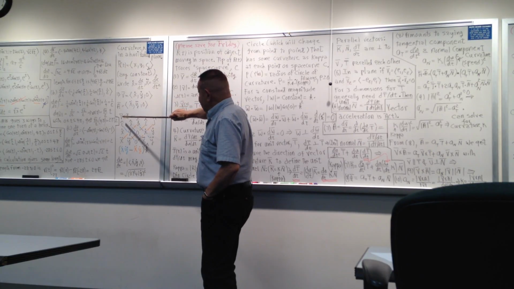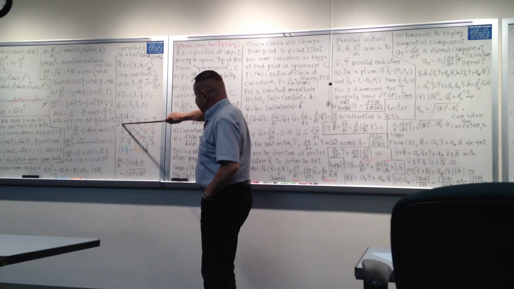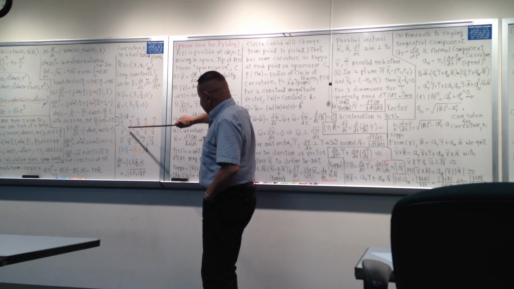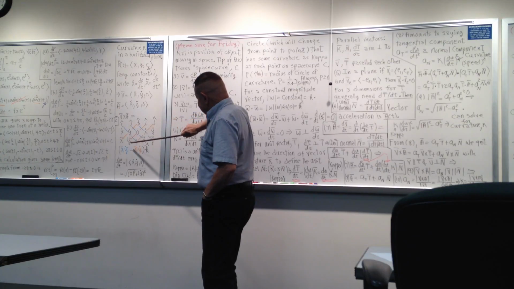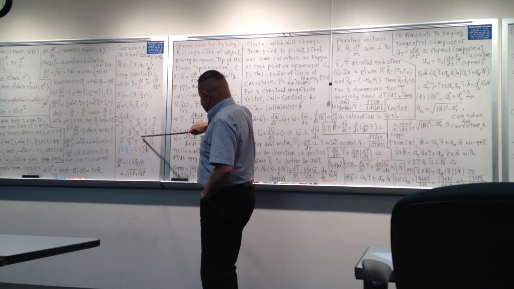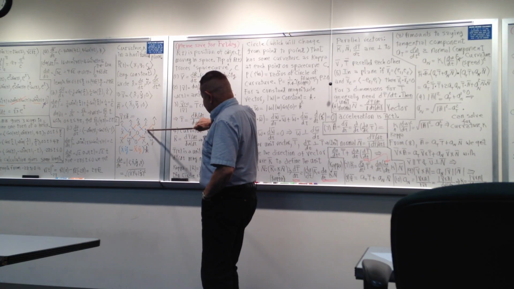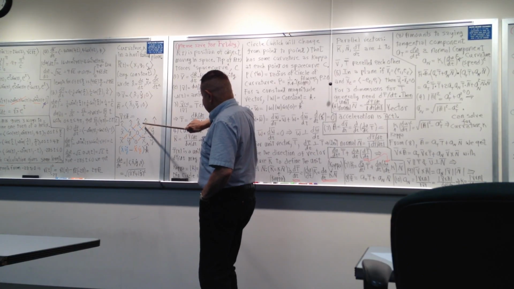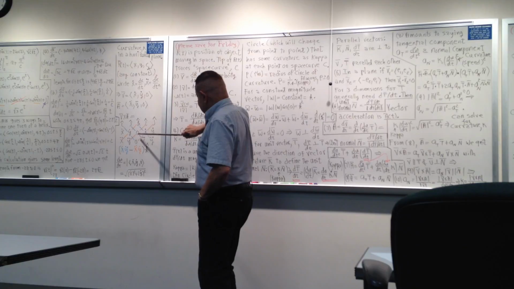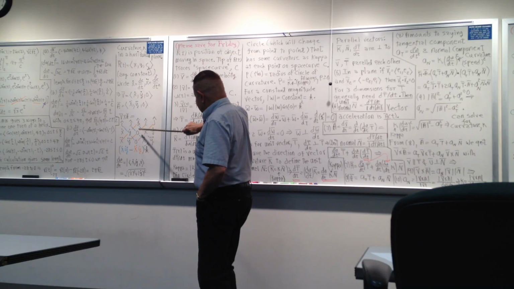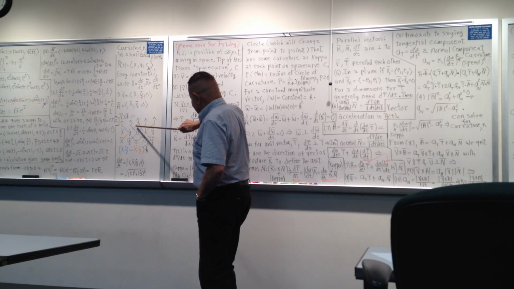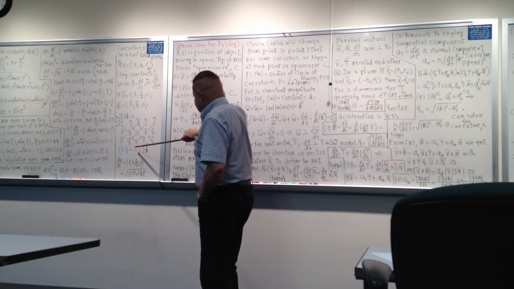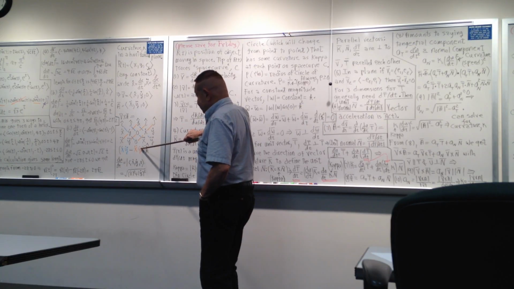So then if you write out v cross a with the i, j, k and do your basket weave, you see you get 0, 0, and then x dot y double dot, and then coming back you get 0, you get 0, and you get x double dot y dot.